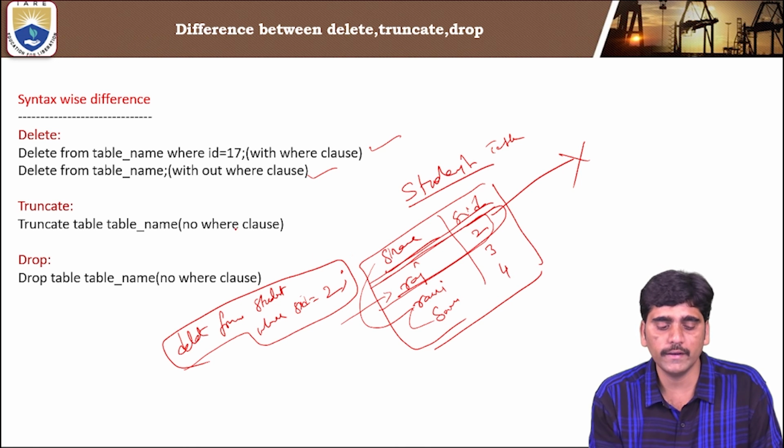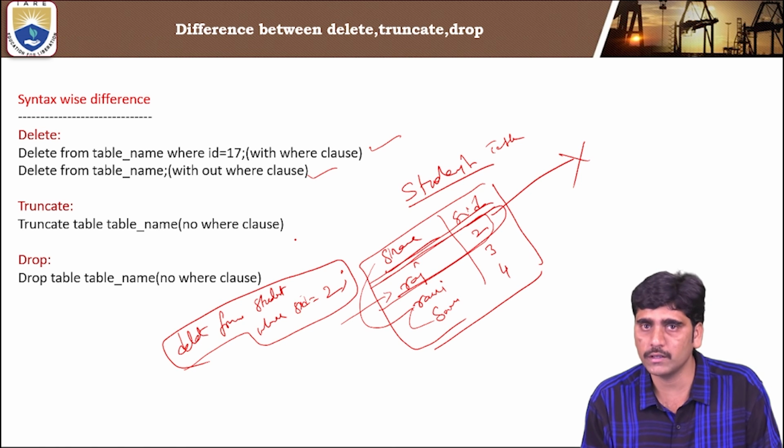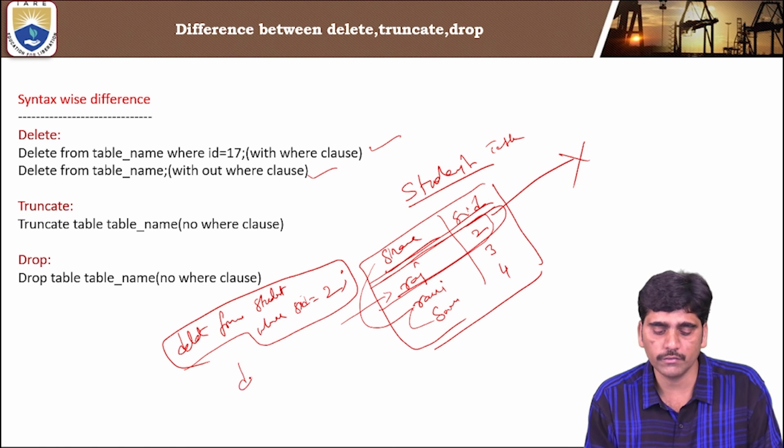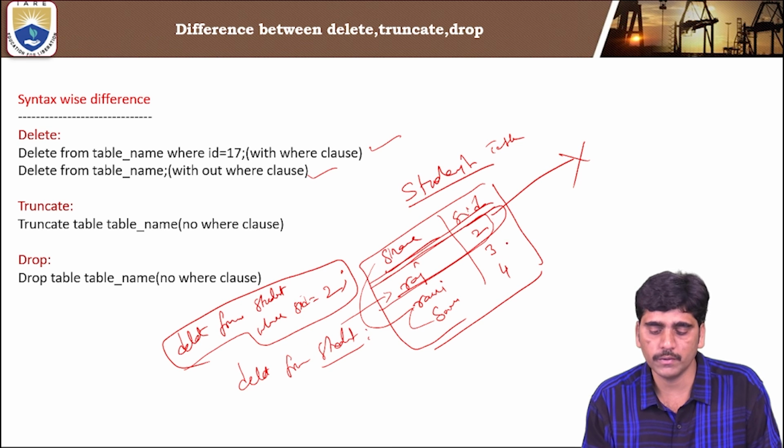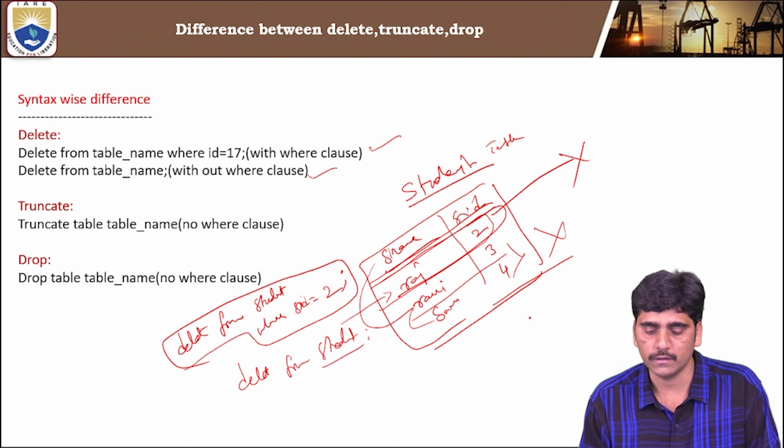Suppose you want to delete without specifying where clause: delete from student, then all the records will be deleted.